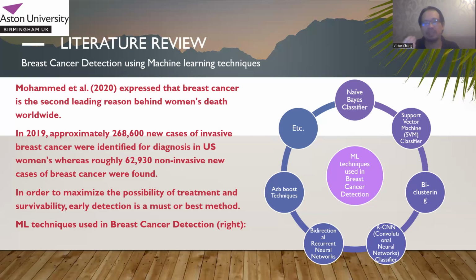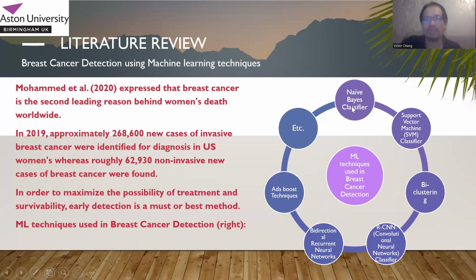In order to maximize the possibility of treatment and survivability, early detection is extremely crucial. So the use of machine learning techniques will be extremely useful. As you can see in the diagram here, machine learning techniques are there to help us.